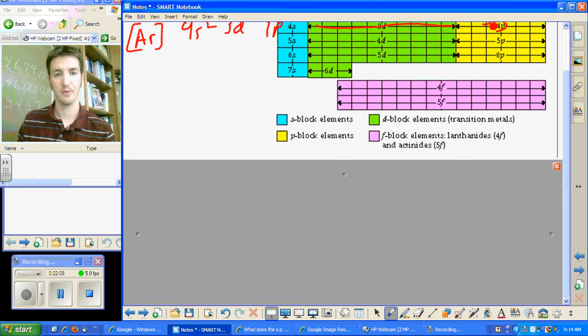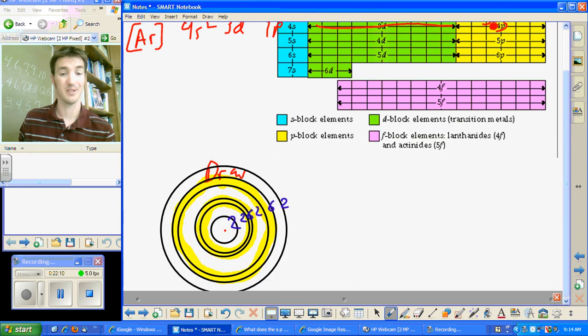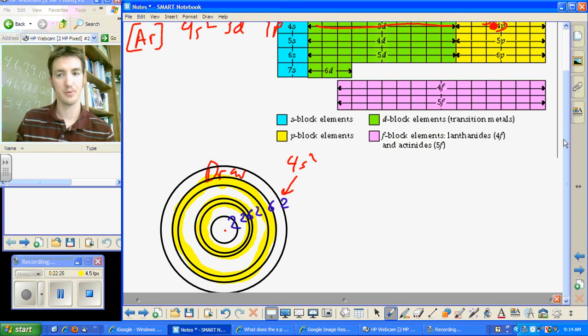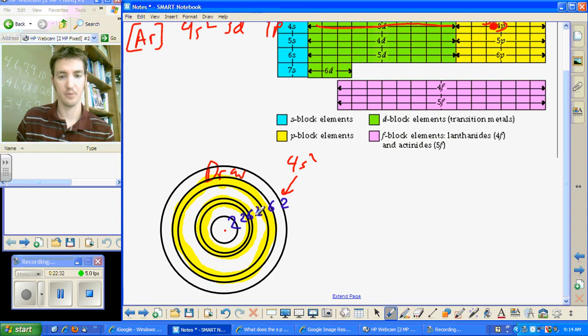So our picture of this basically corresponds to that. I just left up the other picture because the inside is exactly the same. We ended up with 4s2. That's what that is. So after 4s2, we added a 3d10. That does not mean that we added 10 electrons to the fourth shell, because it's not 4d10, it's 3d10.